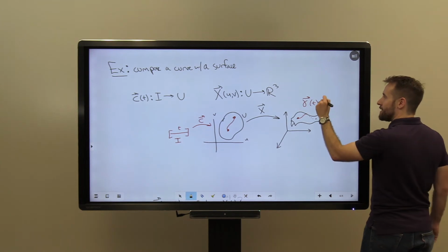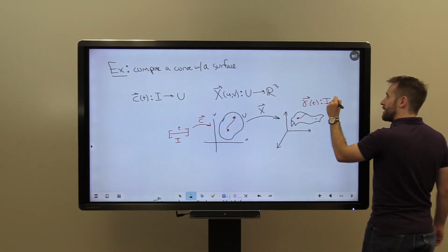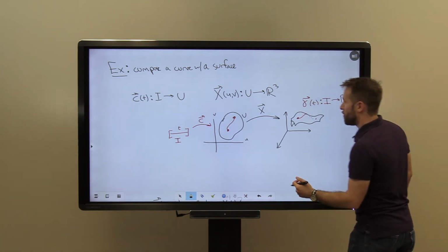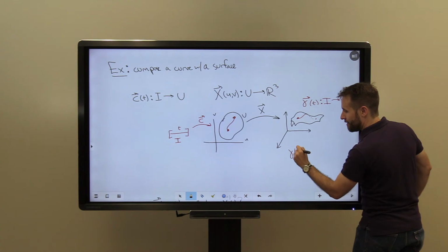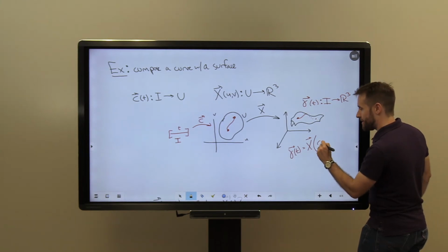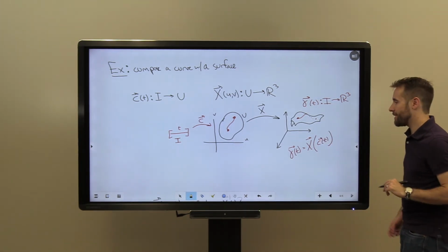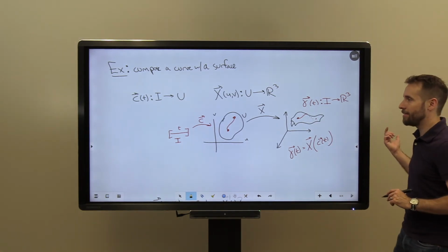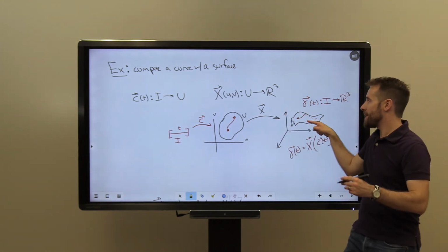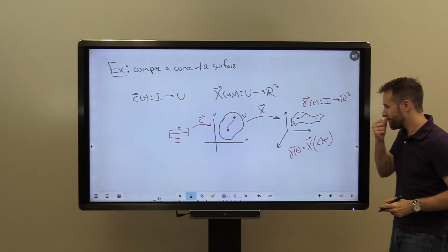Gamma of t is a function from our interval into R3, and it's specifically organized so that gamma is equal to x of c of t. We got to get the order of that written correctly: x of c of t. We'll send things first through c, and then in the outer parentheses through x to get them over here.